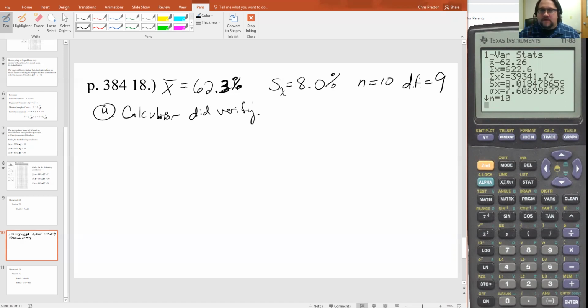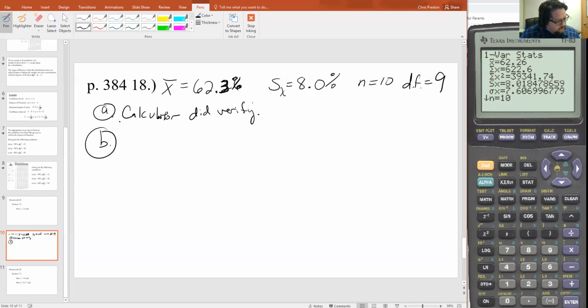There's nothing to show here. But if you do have a calculator, I would go through this, rewind the video, see how you put it in there, and make sure you do it correctly, so that if you ever have to do a calculation for standard deviation or mean, you know how to do it on your calculator. All right, let's move on.